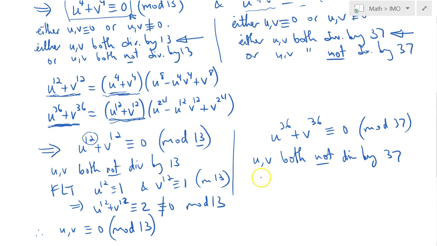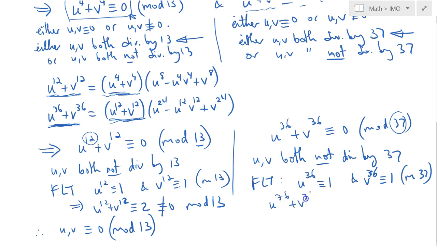So as a result, by Fermat's Little theorem, I know that u to the 36, and because 37 is a prime, so p minus 1 here, is congruent to 1, and v to the 36 is also congruent to 1 mod 37. But then it implies that u to the 36 plus v to the 36 is congruent to 2 and not 0 mod 37, which is a contradiction here, obviously, right?